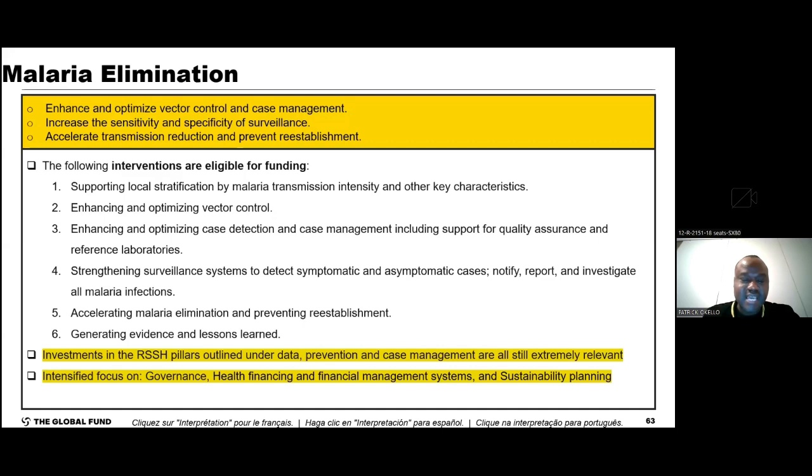But all of this, to sustain all those gains, you again need very strong investments in the RSS pillars of data and, as mentioned, prevention and case management systems. And all of this must be under the bedrock of good governance, health financing, and sustainability planning. Next slide.